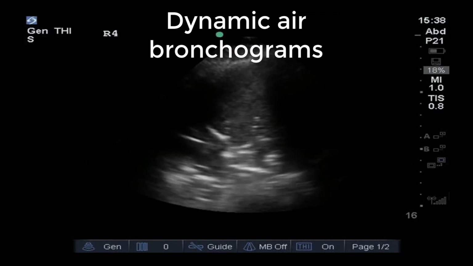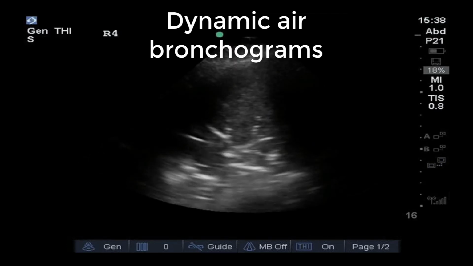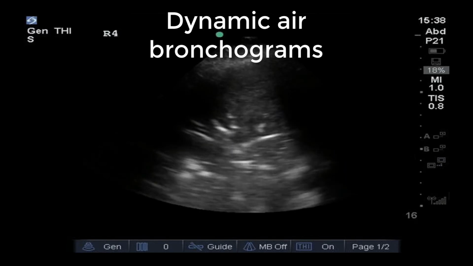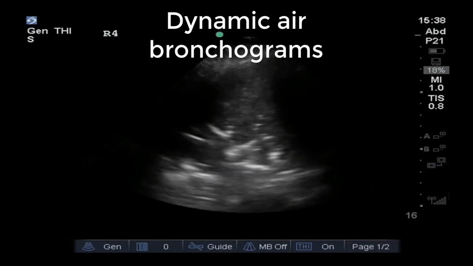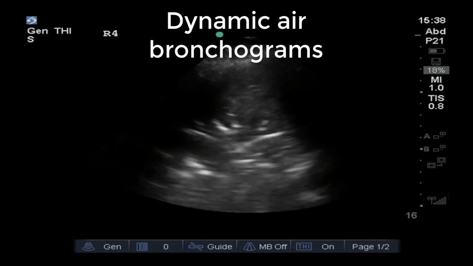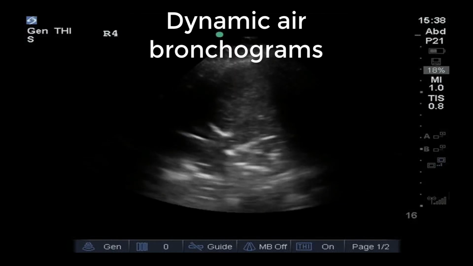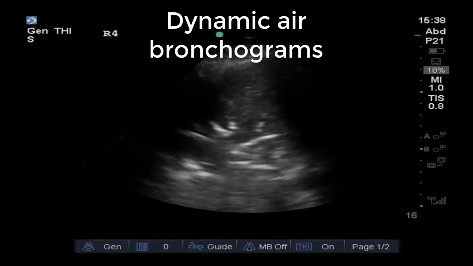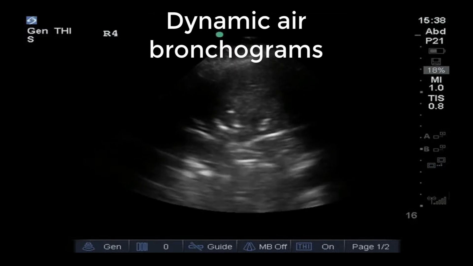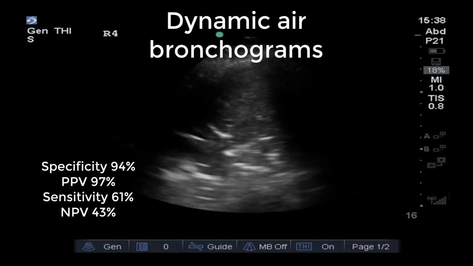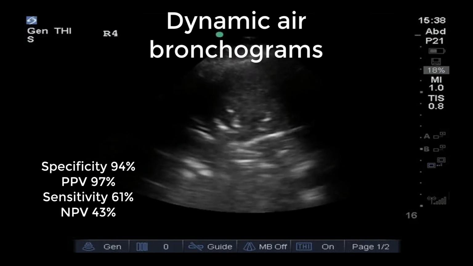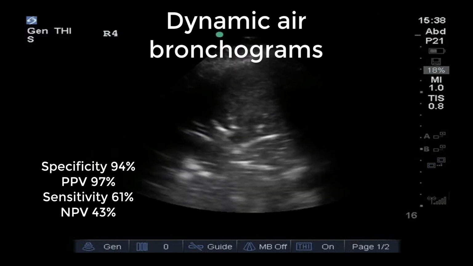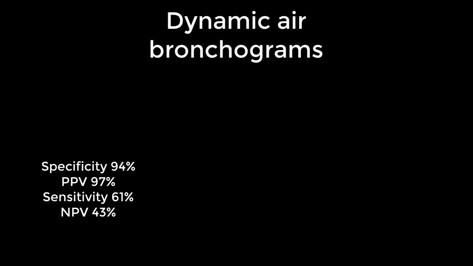So dynamic air bronchograms suggest that something other than just loss of aeration or atelectasis is causing the lung to be consolidated. This is almost always because there is infection in the lung tissue, or pneumonia. Consequently, the specificity of dynamic air bronchograms for pneumonia is 95%. Unfortunately, the sensitivity is much lower.